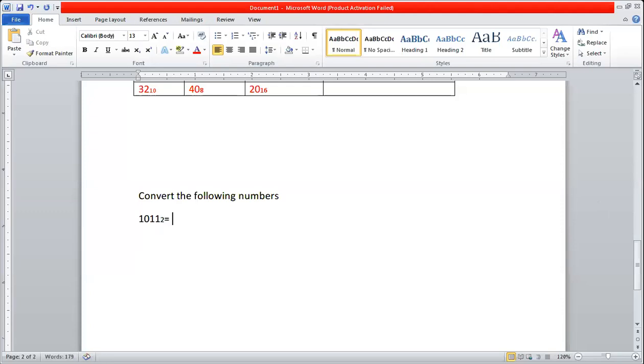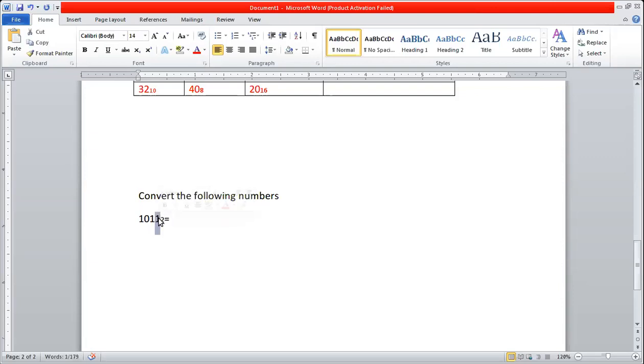For example, how can I convert 1011, which is in the binary number system, into a decimal number system? Each bit here has its own place.